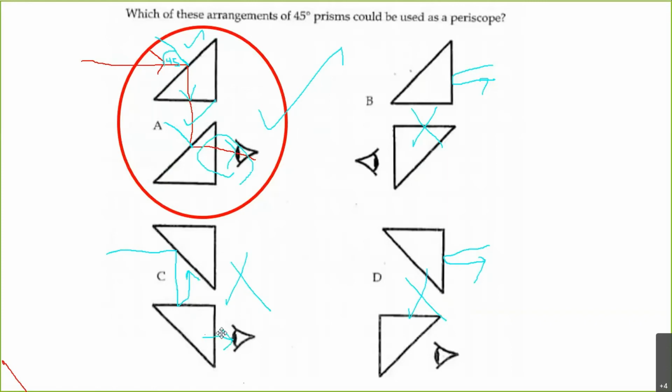So we can work backwards and go up and then see if our answers make sense, see if we get those 45-degree angles. So if you don't know where the light is coming from, go backwards and start from the arrow that goes to the eye. Okay?